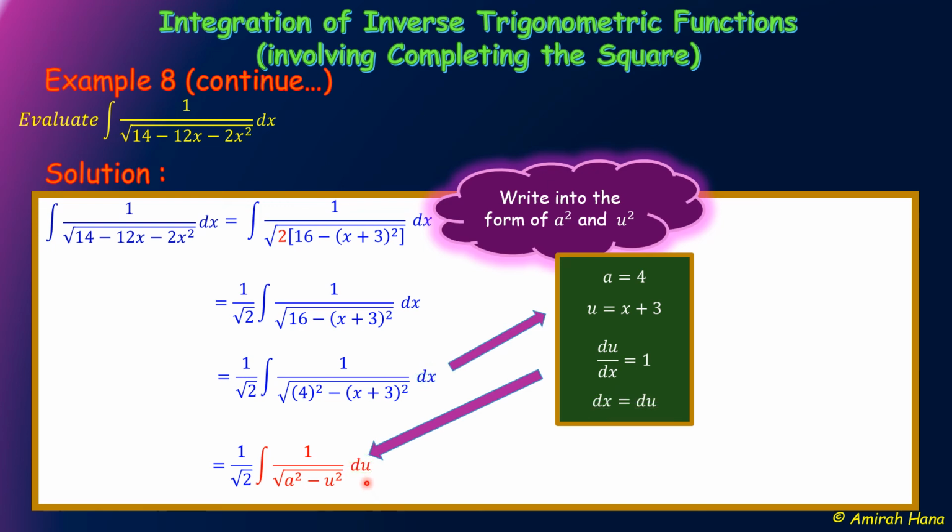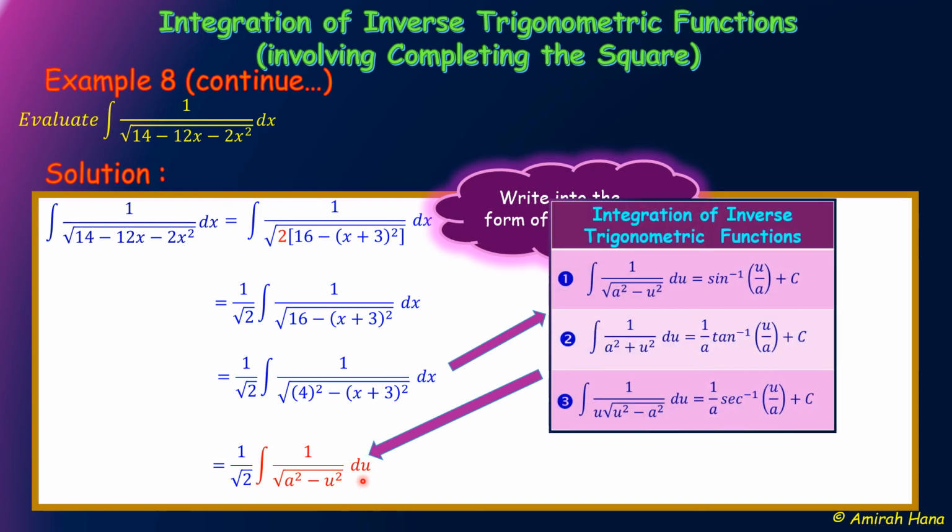And from here, we can compare with the integration of inverse trigonometric function formula. From here, we can compare with formula number 1. Integration of 1 over square root of a squared minus u squared du equals inverse sine u over a plus c.